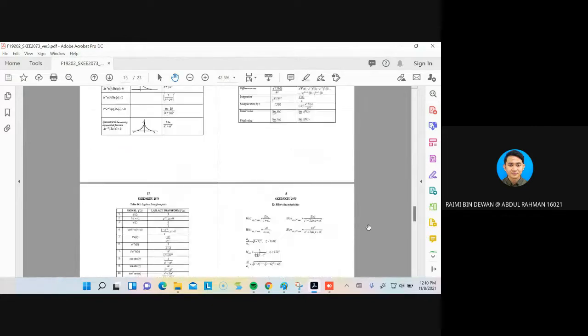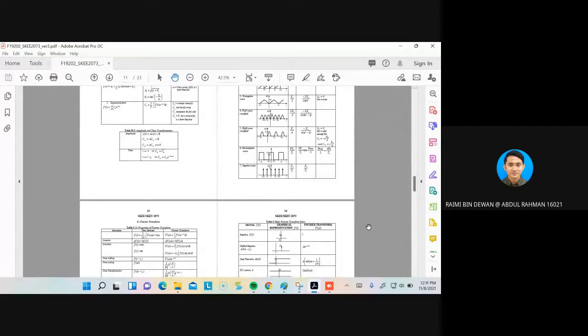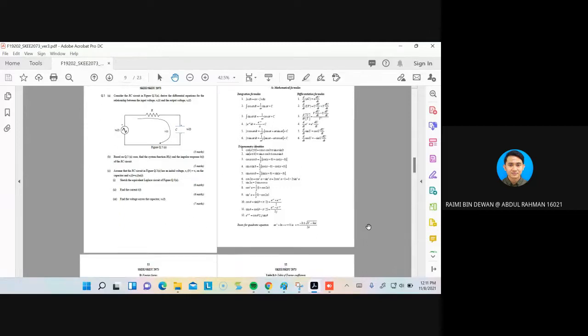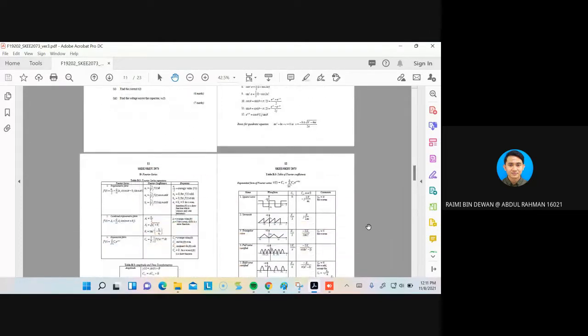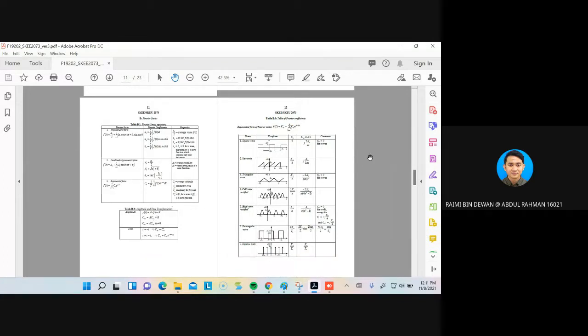Is it mentioned in the appendix or not? Average power. See, there is a transformation here, amplitude transformation. This one maybe later chapter, maybe not this.